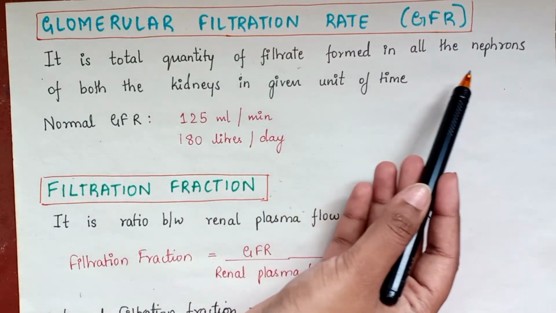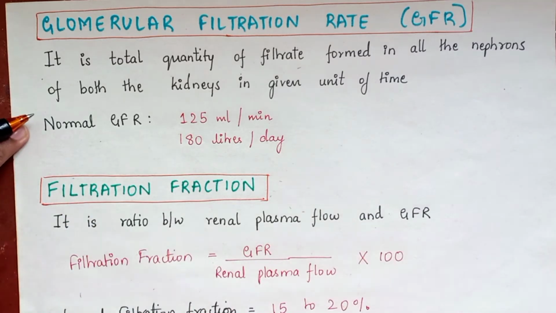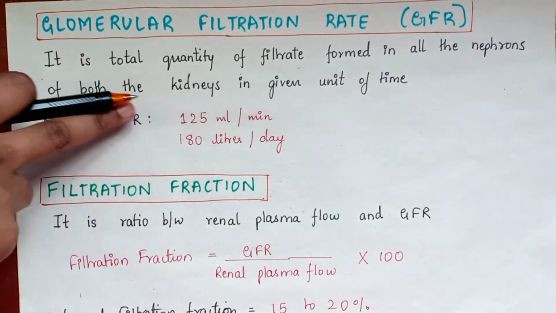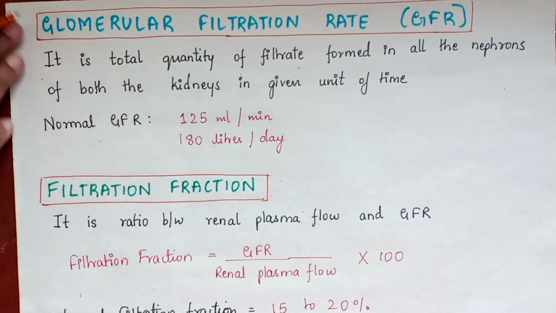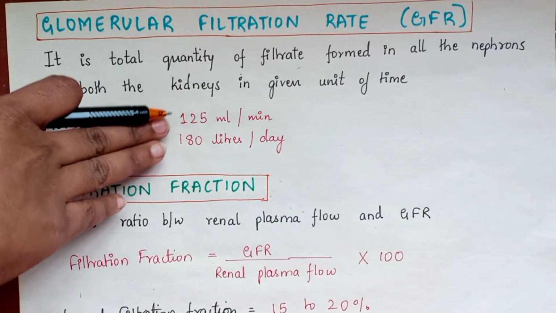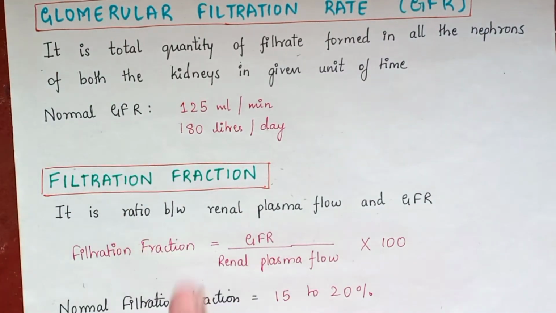Normally it is 125 ml per minute or 180 liters per day. This is very important, you need to remember this: glomerular filtration rate.